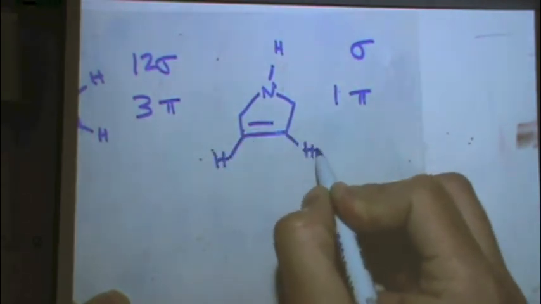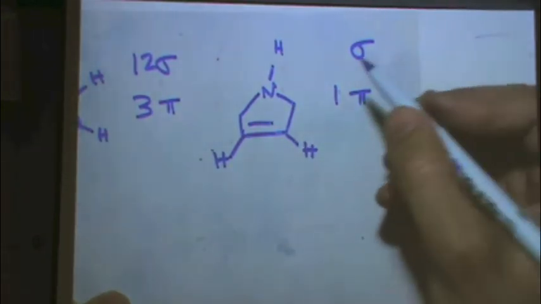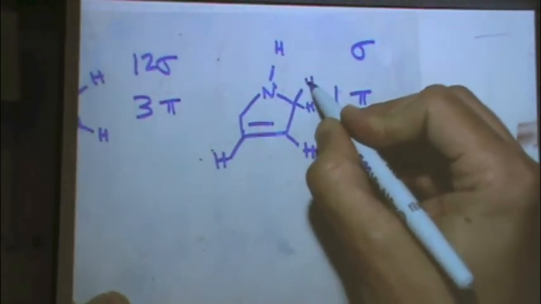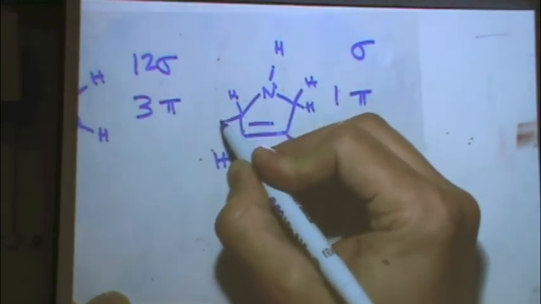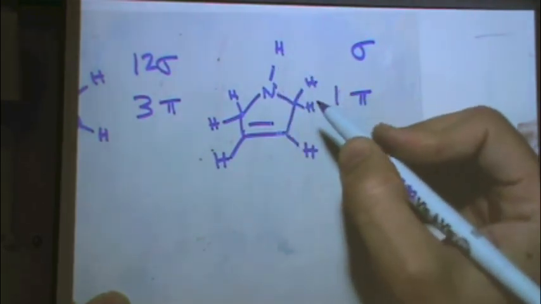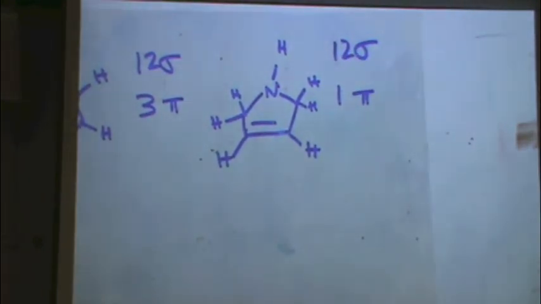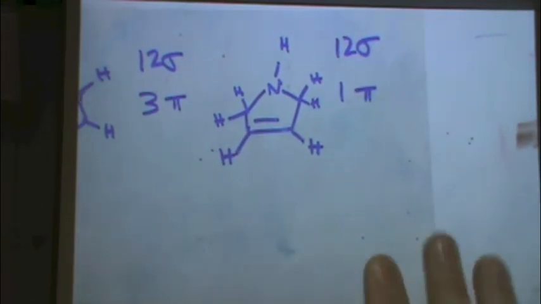And here's 1. How about here? How many bonds total should I have? 1, 2, 3, 4, 5, 6, 7, I believe. 8, 9, 10, 11, 12. Is that right? Remember, every carbon has 4 bonds. I gotta move on. We can do more during the review session.